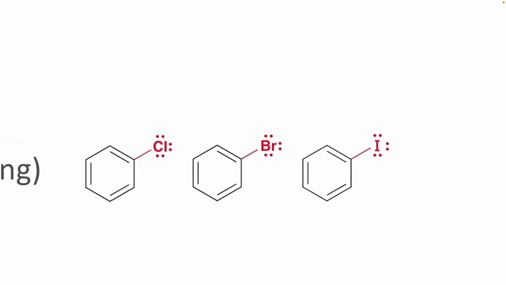So halogens have a benzylic lone pair, so they can donate that pair of electrons to the ring, but they also all are very electronegative, and so they withdraw electron density from the ring through induction. So there's kind of this push-pull going on where, yes, they still have a lone pair to lend to the ring, but at the same time, they're sucking electron density out of the ring by virtue of being electronegative.